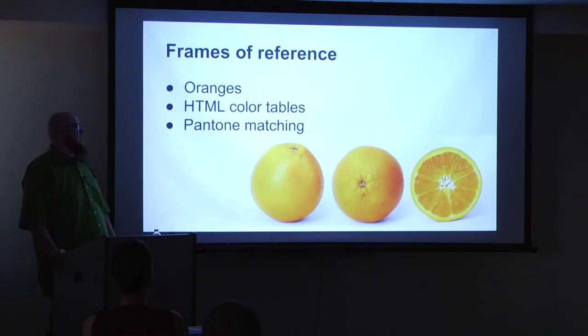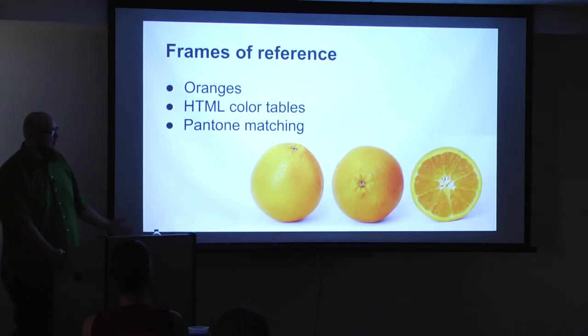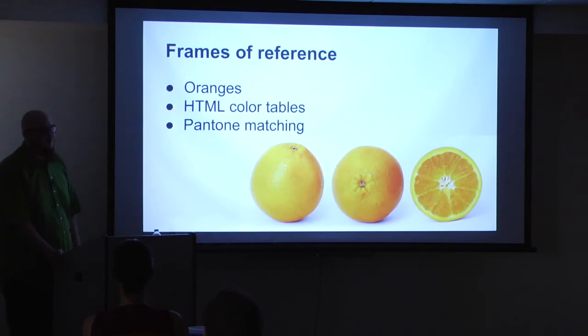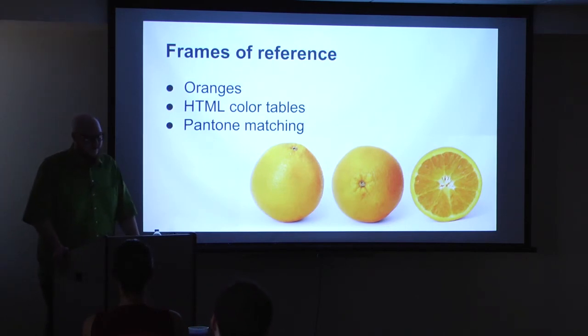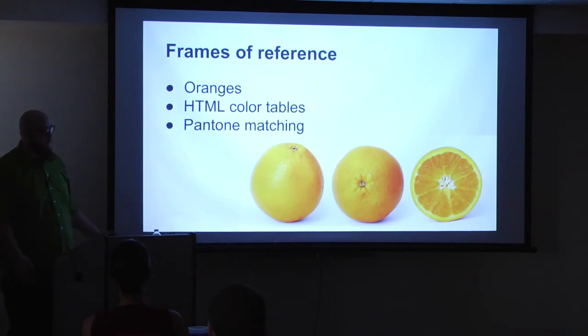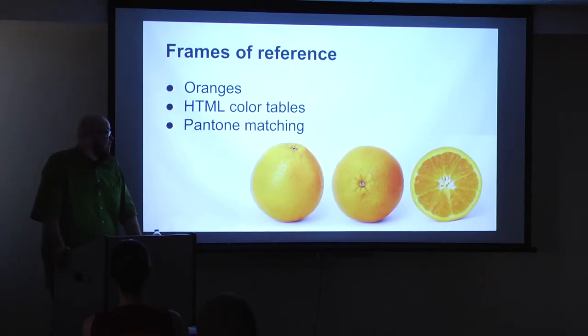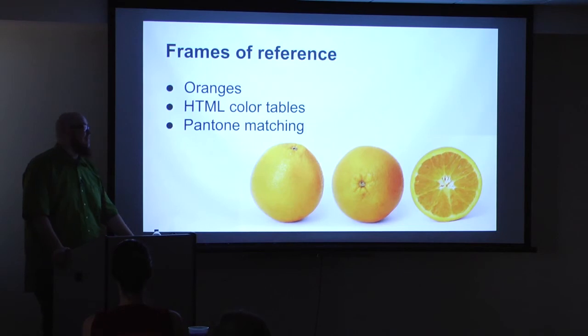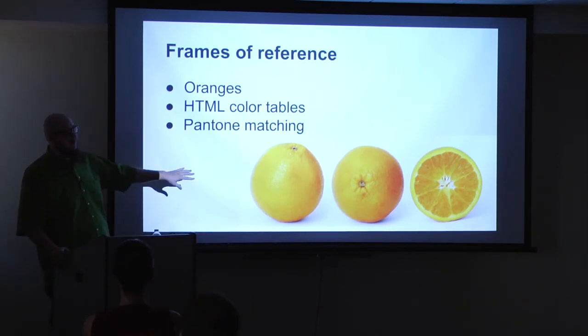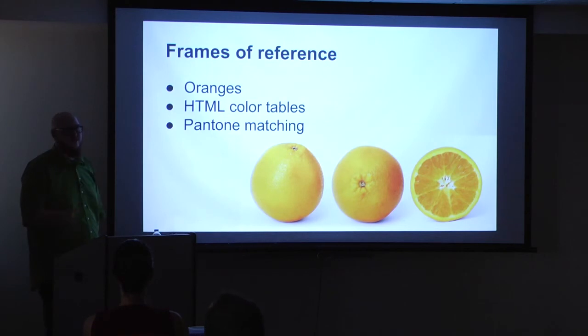Some frames of reference that help adjust with color blindness. Oranges are the best thing ever because they're named for what color they are. So, I mean, I have orange. I got that one down. So it doesn't matter what that would actually appear to me as because everyone calls it orange. So I can adjust the rest of my colors to match.